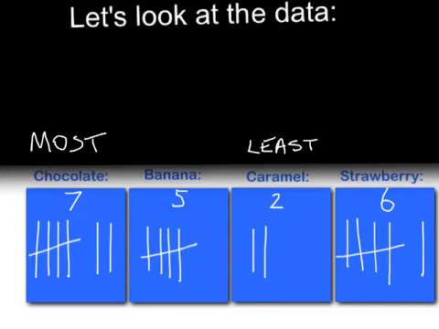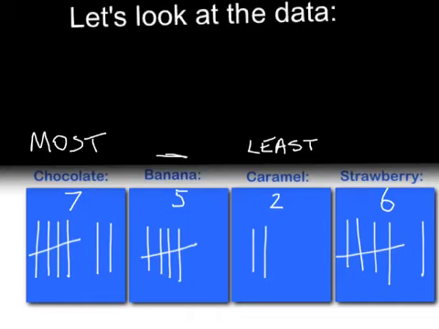Now here's a tricky question. How many more people liked banana than liked caramel? So caramel and banana, look at those two to start with. Which one had the most? Okay, banana had the most. But how many extra people liked banana than the people that liked caramel?